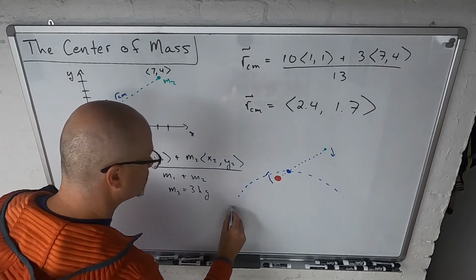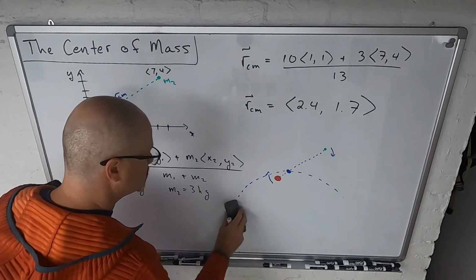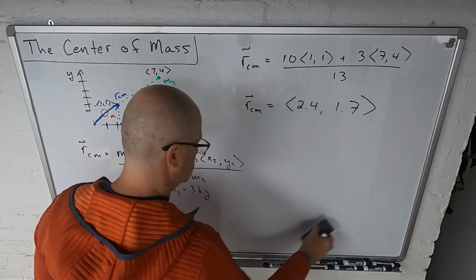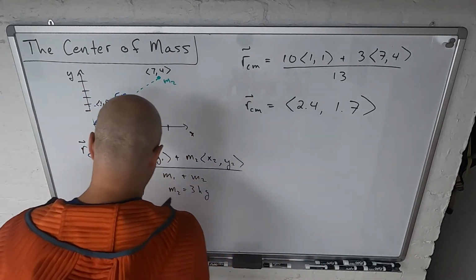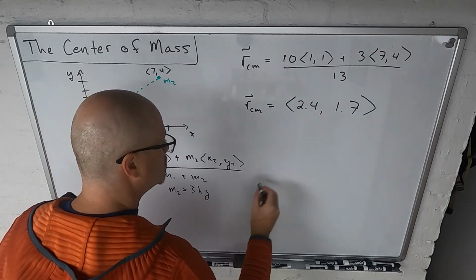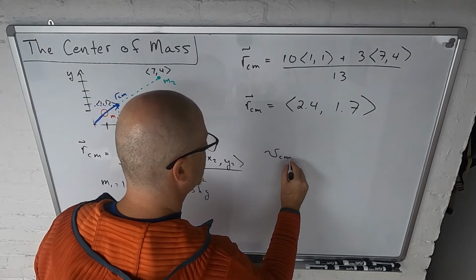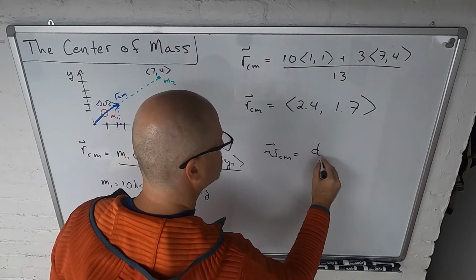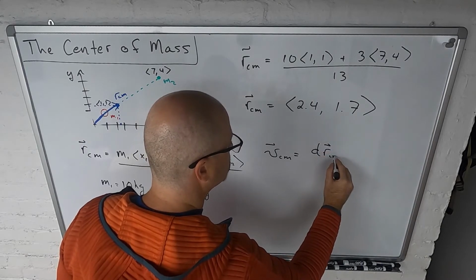So I can write that the velocity of the center of mass, v center of mass, is just equal to the derivative of r center of mass.